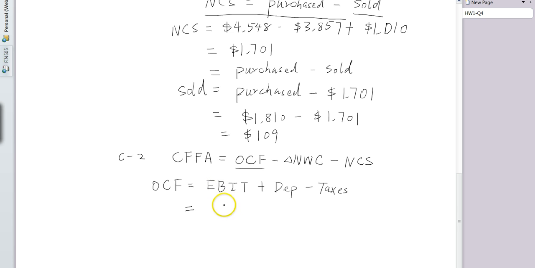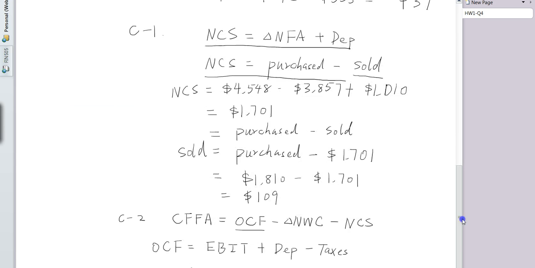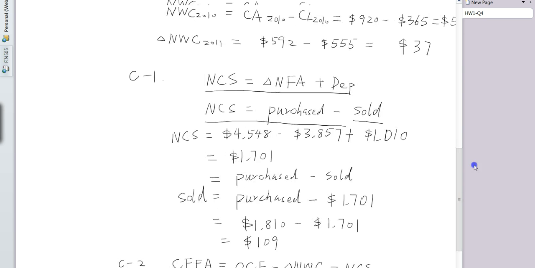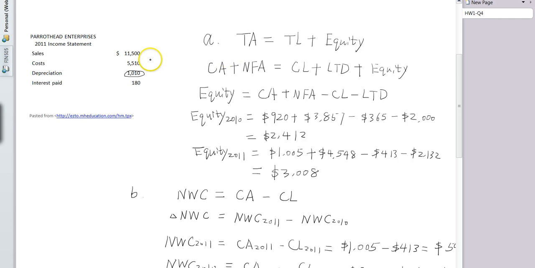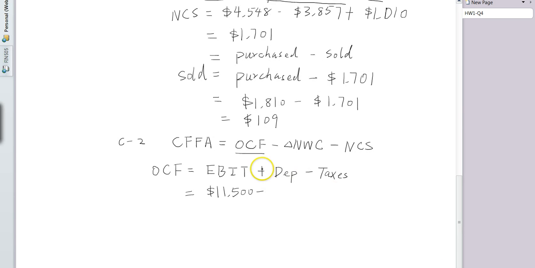Just plug in the numbers. I guess it should be clear enough. So it's sales 11,500, cost, that's basically 5,510.